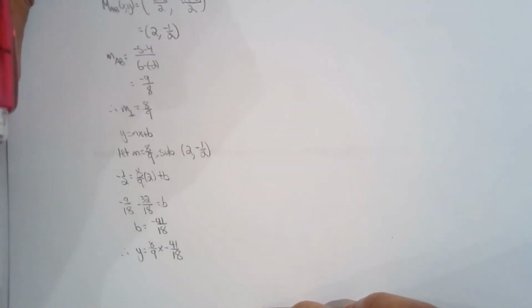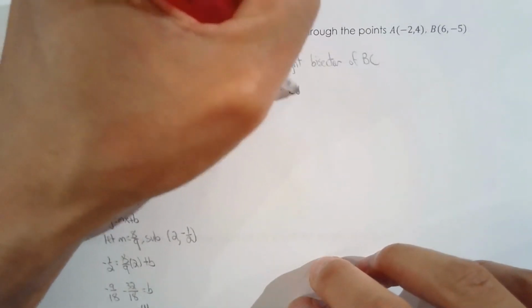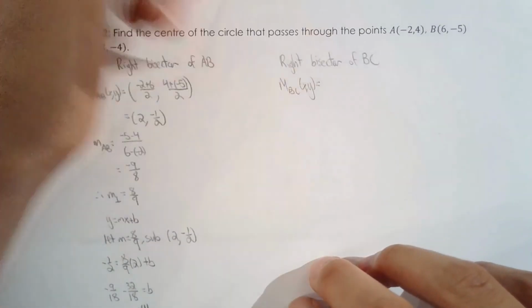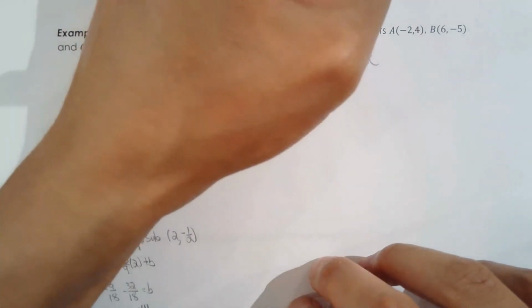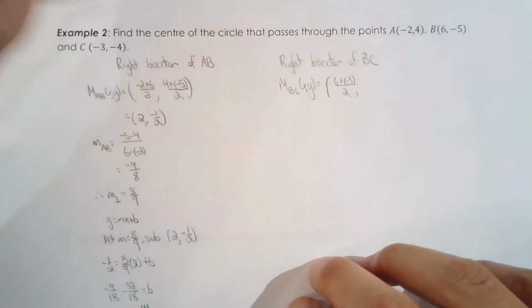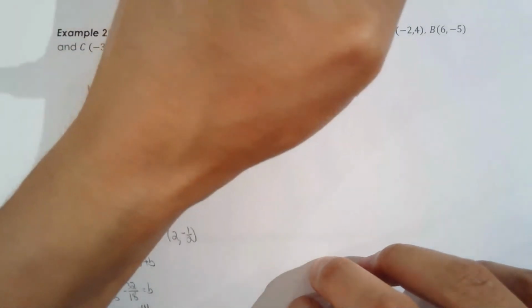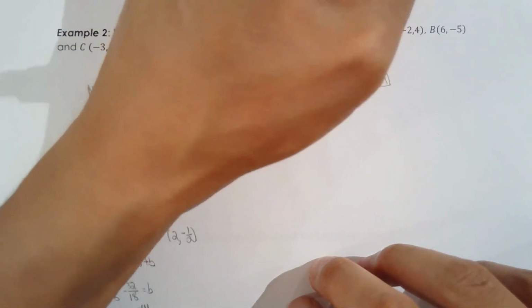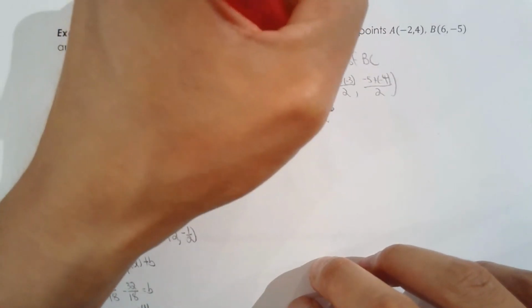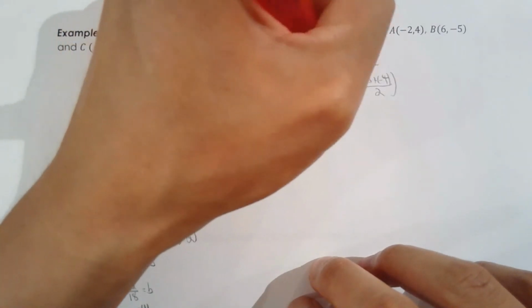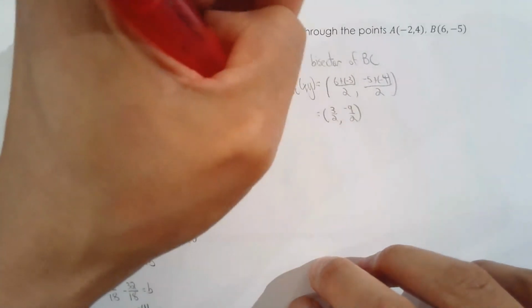Okay. So basically the exact same thing one more time. 6 plus -3, -5 plus -4. Okay, we have 3/2, -9/2. What about the slope of BC?